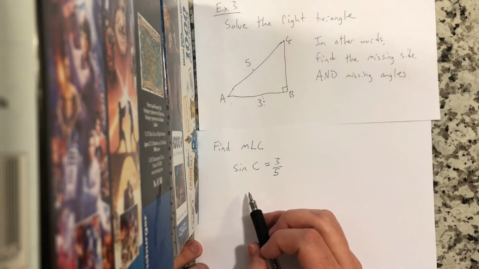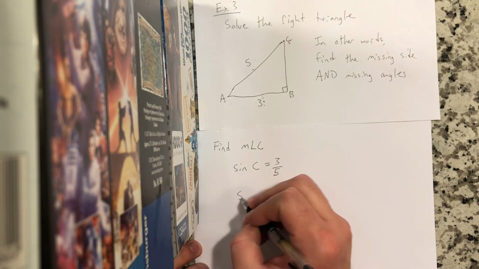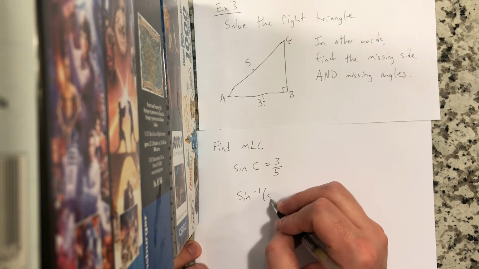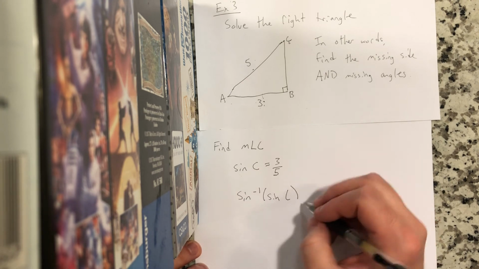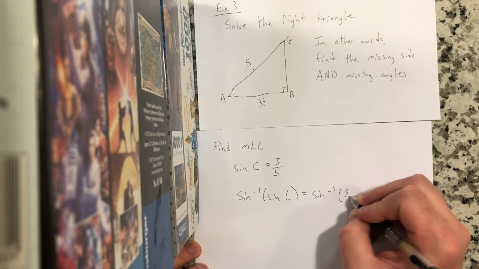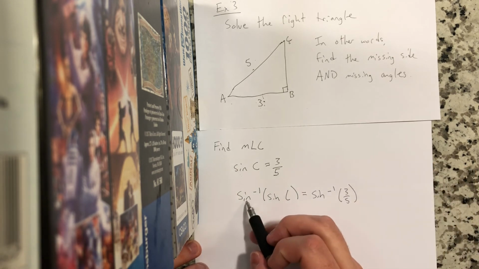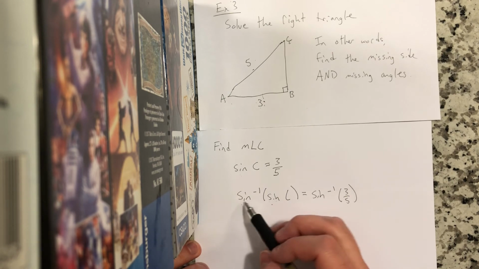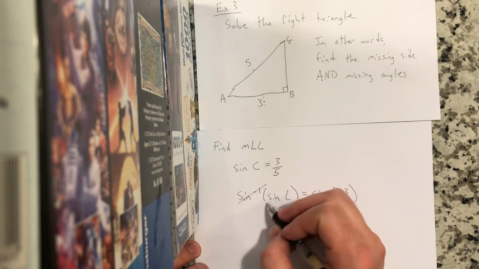So what we'll do here is the inverse sine of the sine of our angle C, and then we're going to have the inverse sine of our 3/5. Just like before, when you have the inverse and the regular function, and they're the same composed with each other, they cross out.